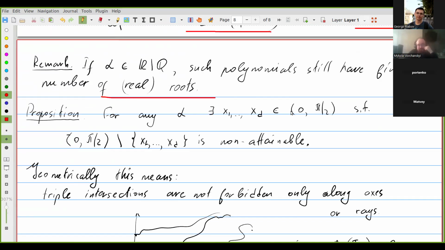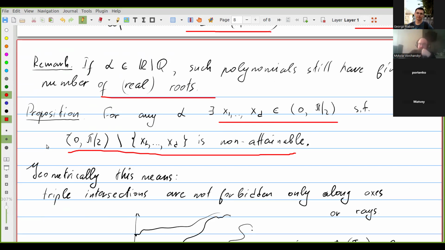but still only a finite number of real roots. So the end result that we can formulate is that for any alpha there is only a finite number of points where eta can hit the boundary.